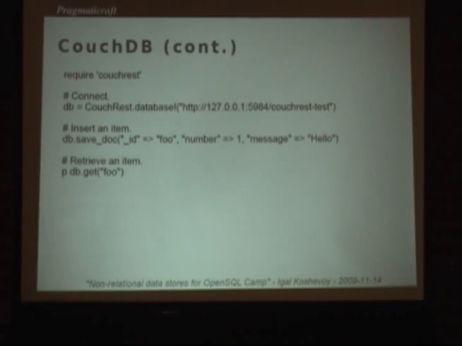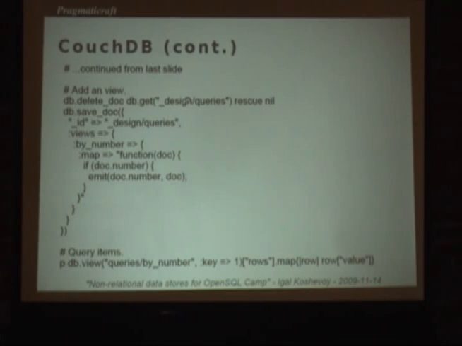This part's real easy. The next one, though, is what a query looks like. The goal is to be able to say, give me an object where number is one.